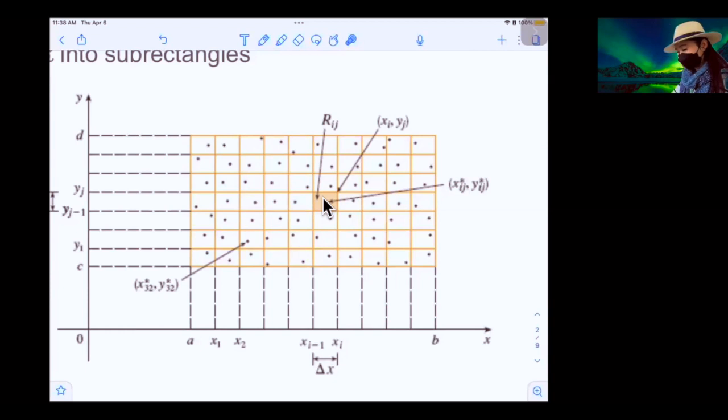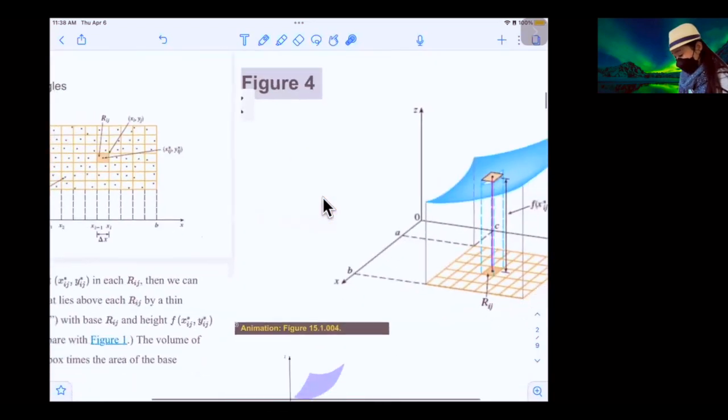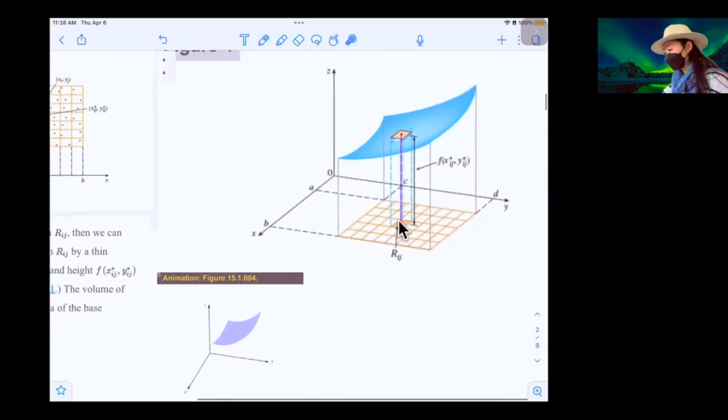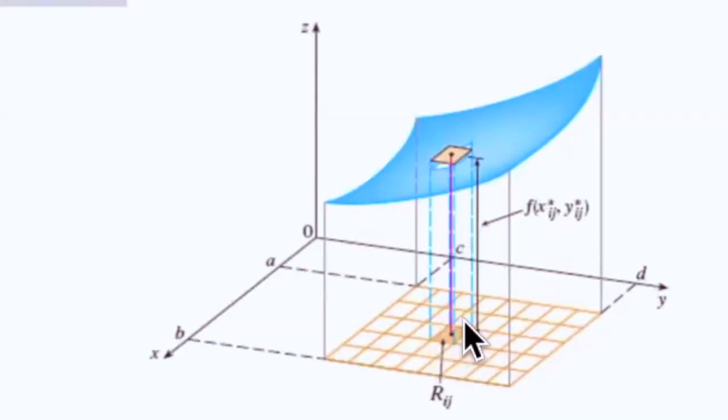And what do we do? Let's look at the picture. We are going to take this point and look at the function value at this point, which is the height of this, right? Now we're going to use this height to approximate all the function values inside this subrectangle.